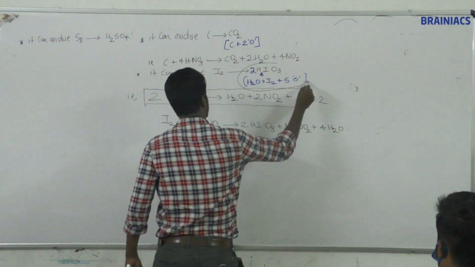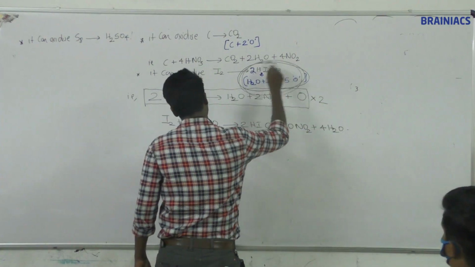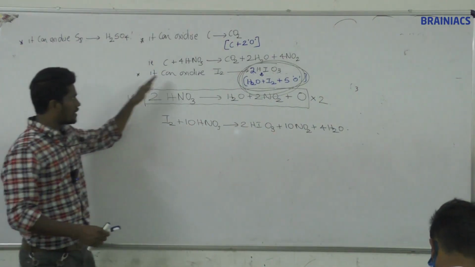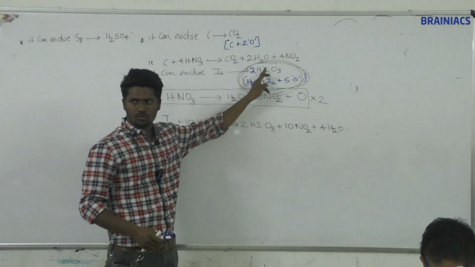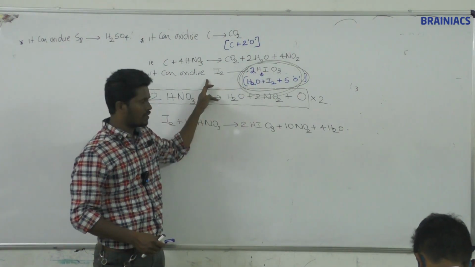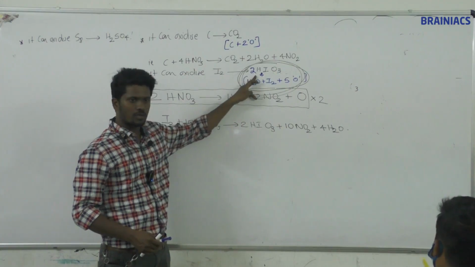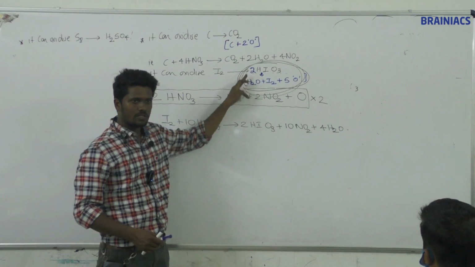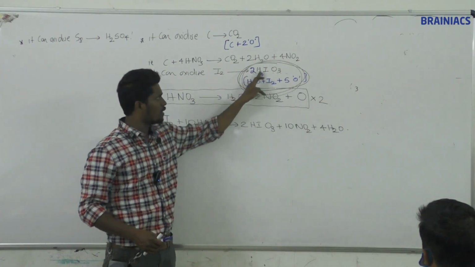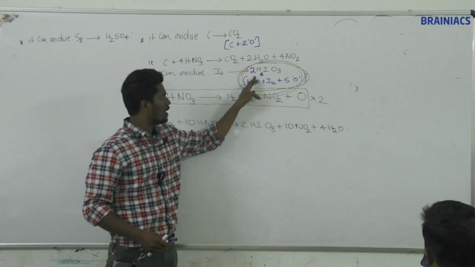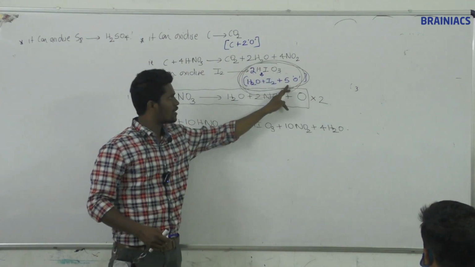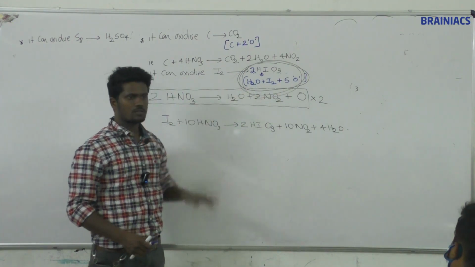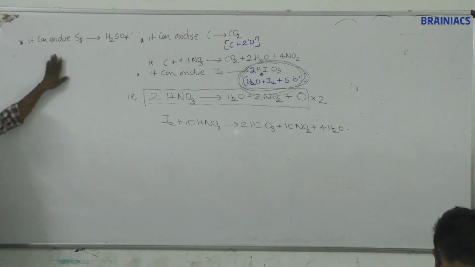From this idea, first we know it can oxidize I2 into HIO3. So how many iodine here? 2. So how many HIO3 should be here? 2. So how much water? 2 hydrogen, so 1 H2O and 2 I, that means I2, and 2 into 3, 6 oxygen. So that means how many monoxygen? 5 monoxygen, that is 1 oxygen is with the H2. Okay, so in the same way balance this equation.